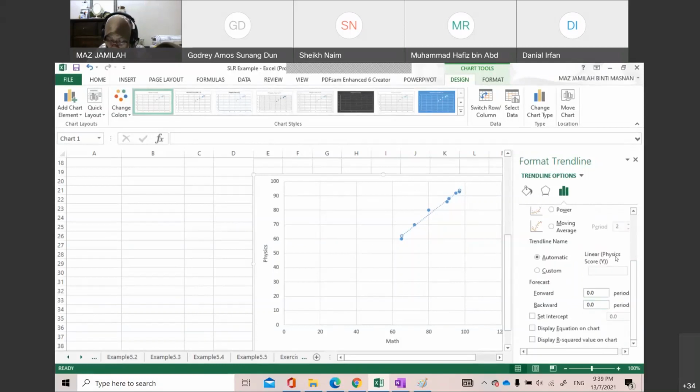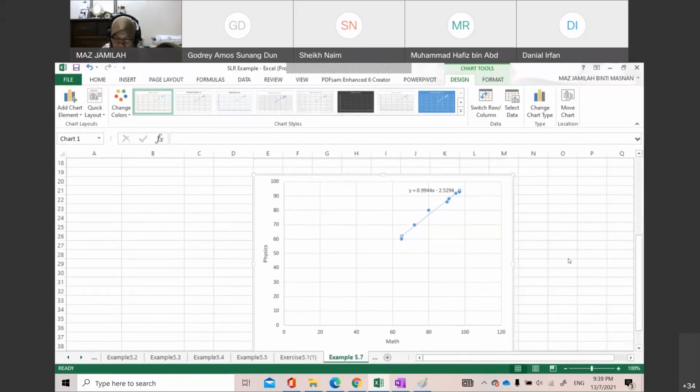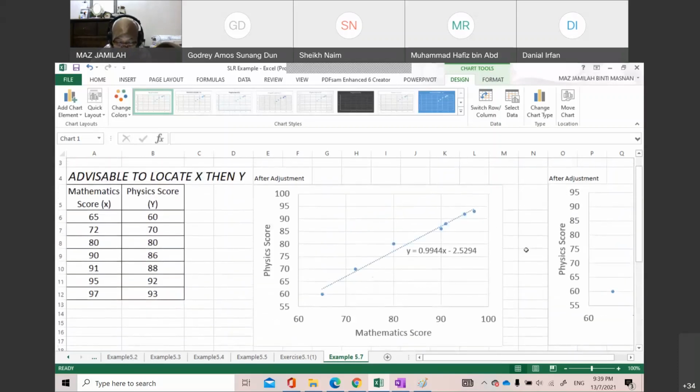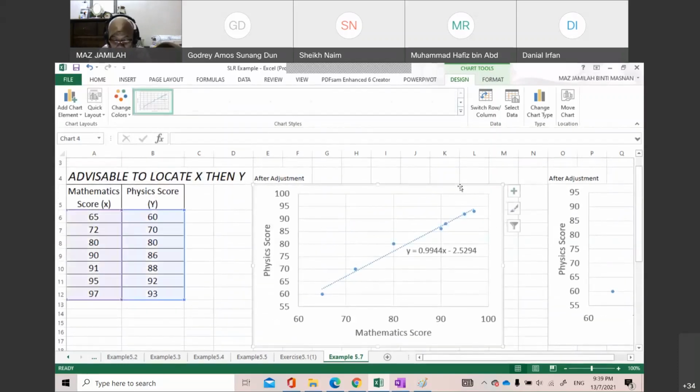Go to your bottom part, still in the trendline options, and choose Display equation on chart. Okay, done. Your graph will not be so nice, so you can adjust the axes of x and y. If you have adjusted your x axis and y axis, you have this particular graph.